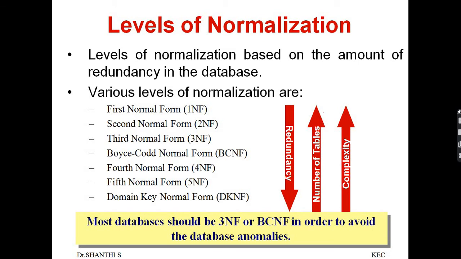At the same time, the number of tables increases and the complexity of the table design also increases. But most databases should be in third normal form or BCNF in order to avoid database anomalies. If we want to avoid the database anomalies we discussed earlier, it's enough to have the table in third normal form or BCNF.